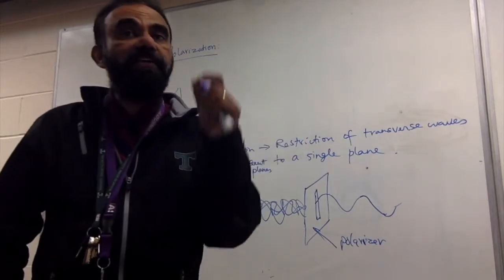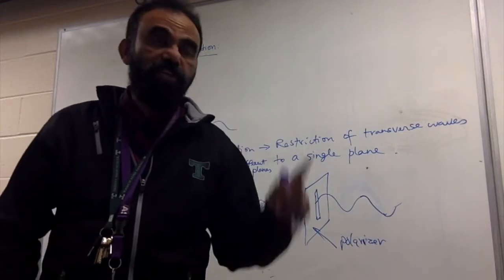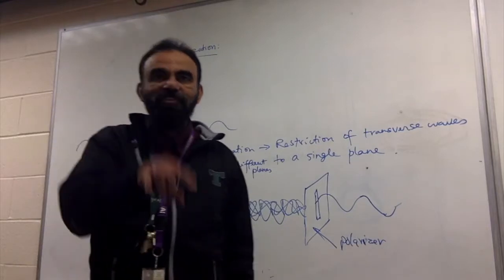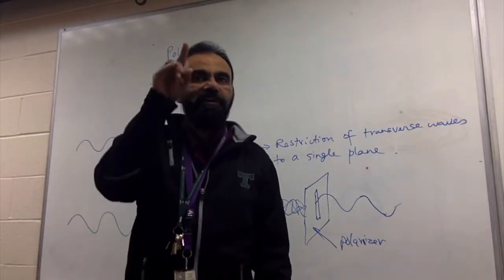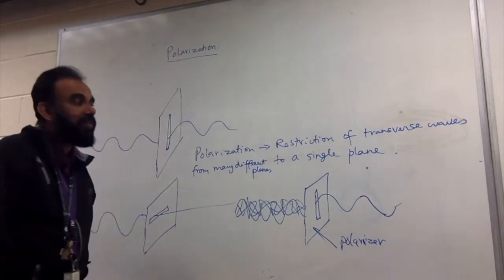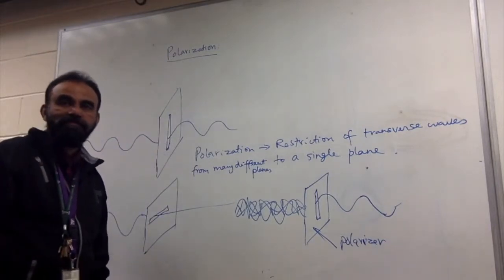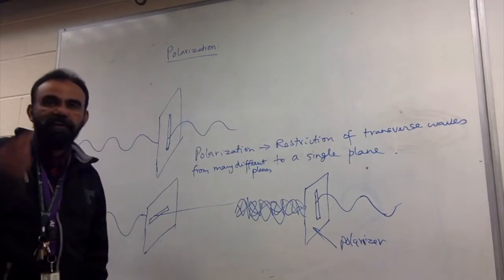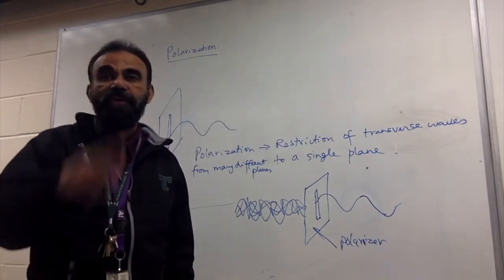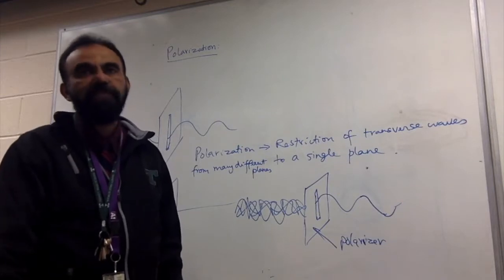You need very fine gaps if you want to really block it. In other words, like a diffraction grating, you need fine slots. If you have fine slots, some slots that you don't even see with your eyes, then you can polarize light.